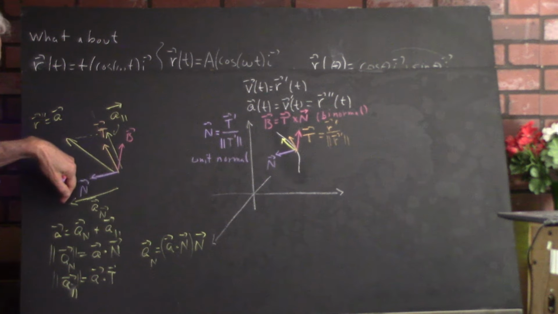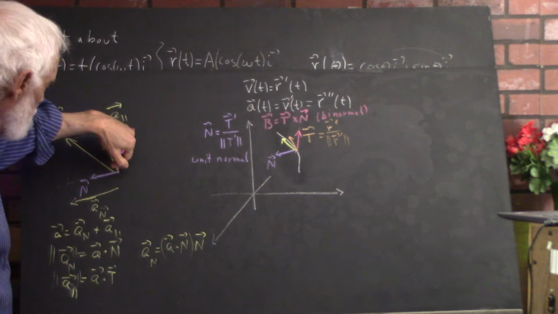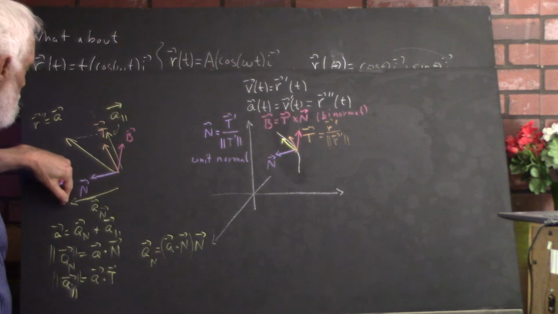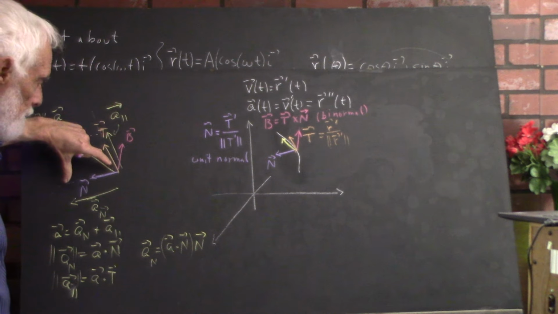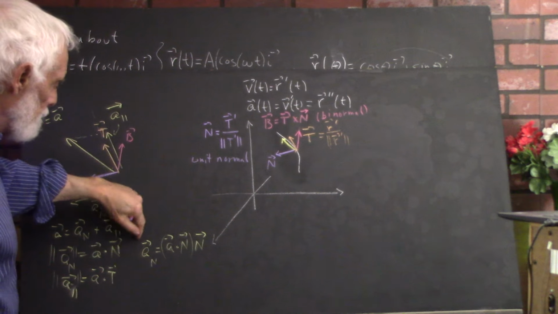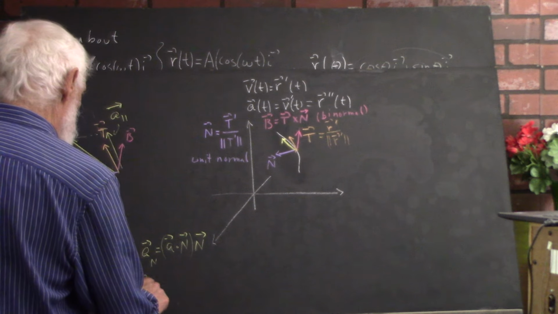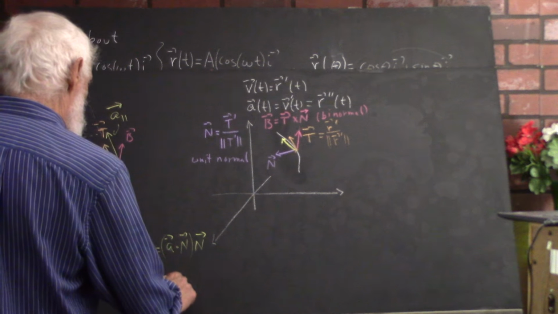So the vector that represents the normal component has magnitude equal to its magnitude, but it has a direction of n, so you multiply its magnitude by n, and same with the tangent vector. So these are very easy to calculate once you have all your vectors.